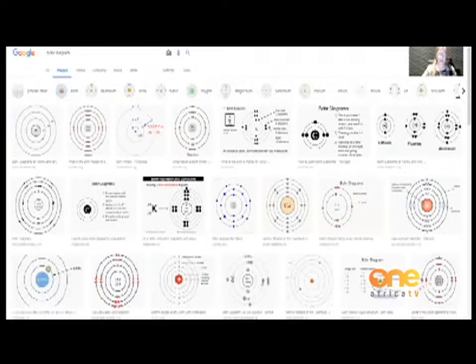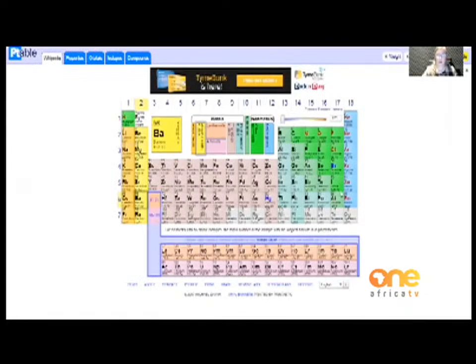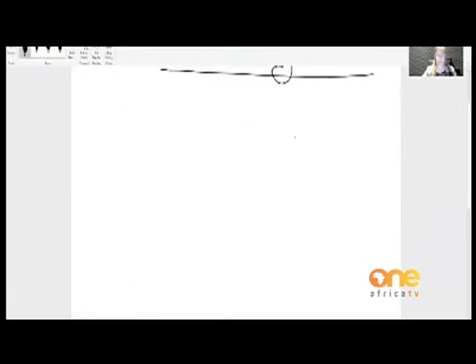So, let's start. The simplest atom that we have, here we've got a periodic table, is that of hydrogen. So hydrogen looks like this. So we've got hydrogen over here.